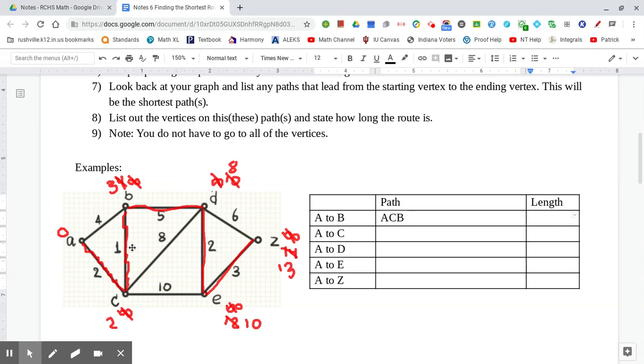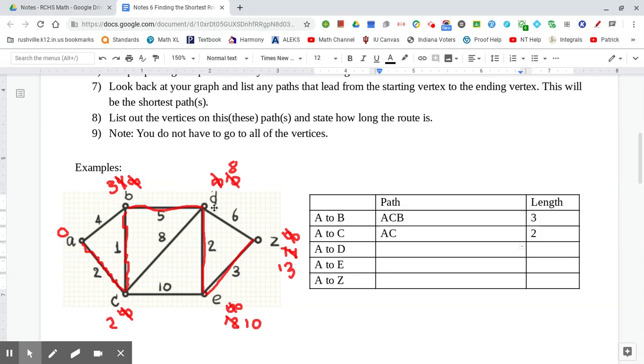I can either go back and add, or I should already have the number right next to the vertex. Had I tried to end at C, the shortest route from A to C was just going directly from A to C. So I just list where I started, any vertex in between, which there wasn't, and then my ending vertex, and then that route was a length of 2.